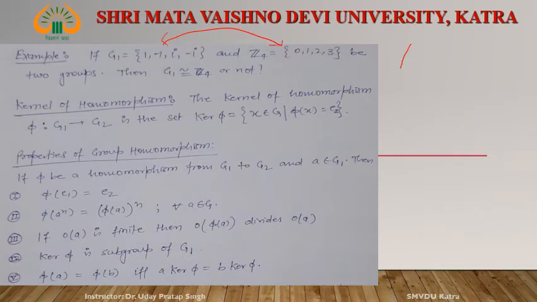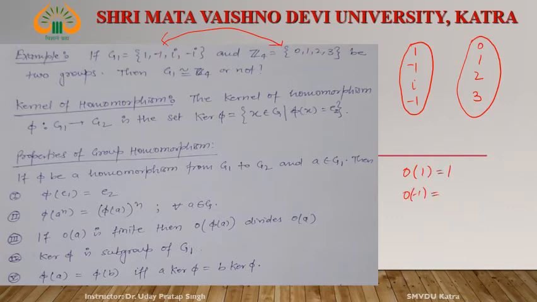See, {1, minus 1, i, minus i} and {0, 1, 2, 3}. What is the order of 1? Order of 1 is 1. What is the order of minus 1? In the first group G1, we are talking about G1 and G2, or G1 and Z4. G2 is Z4. Right? Order of minus 1 is 2. What is the order of i?